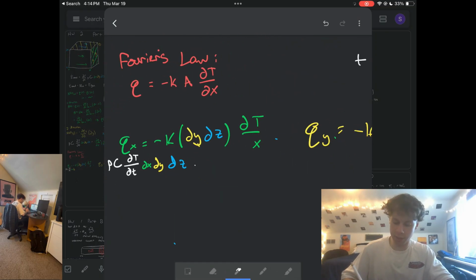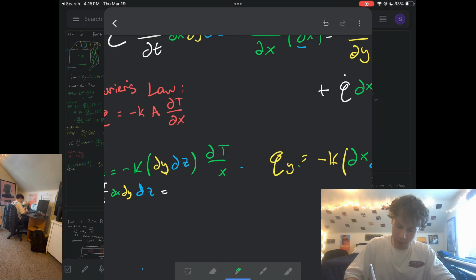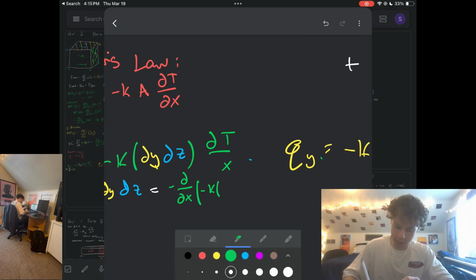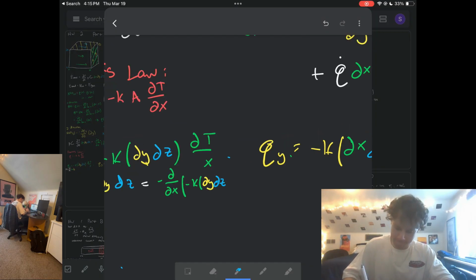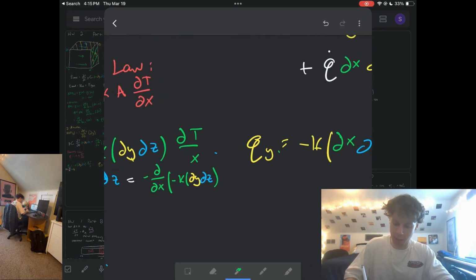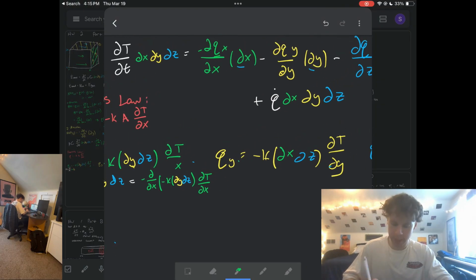So we'll start with the net heat flow of the x direction, which will be our negative d over dx times our negative thermal conductivity times our area of the x direction, so that would be our dy dz, multiplied by our temperature gradient of the x direction times dx.